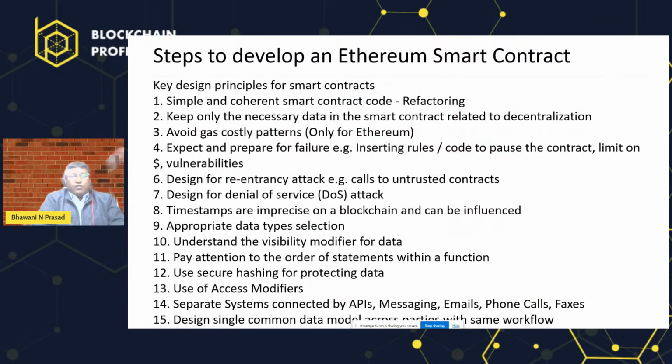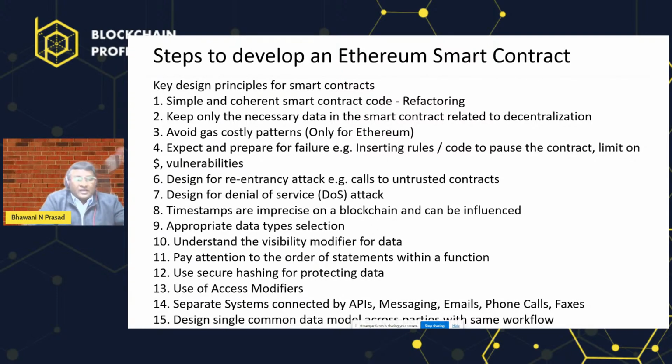Now again, the steps to create your Ethereum smart contract. In this sequence you can create a successful smart contract with fewer compiler issues. First, simple and coherent smart contract code.